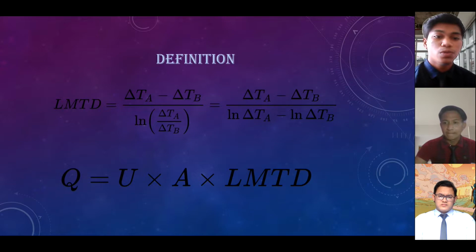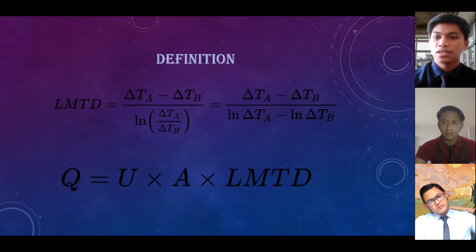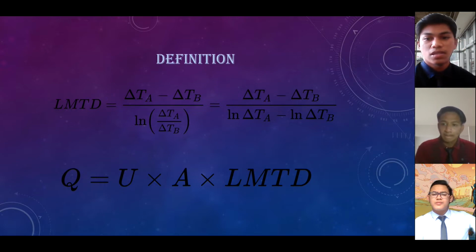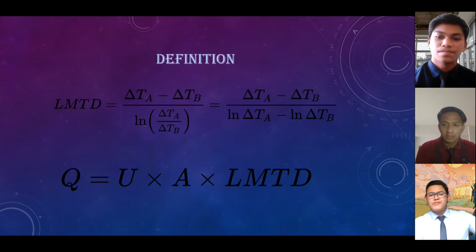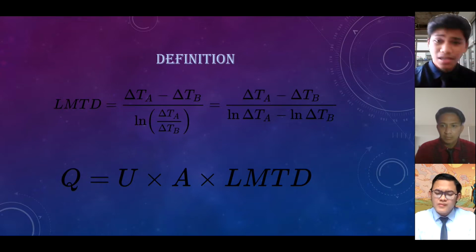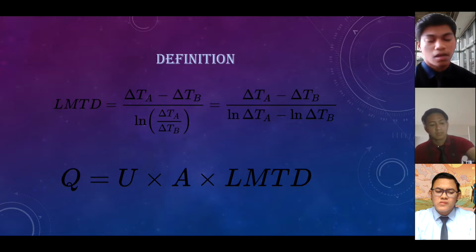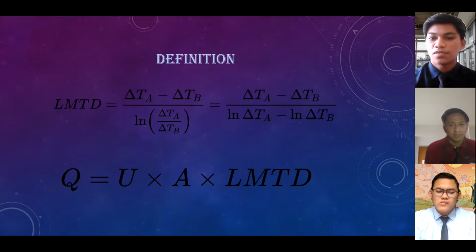So Q equals U times A times LMTD, where Q is the heat exchanged, the heat duty, U is the heat transfer coefficient, and A is the heat exchange area. Note that estimating the heat transfer coefficient may be quite complicated. This holds both for parallel flow, where the streams enter at the same end, and counter flow, where they enter from different ends.